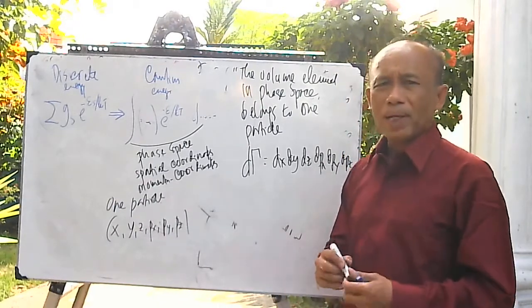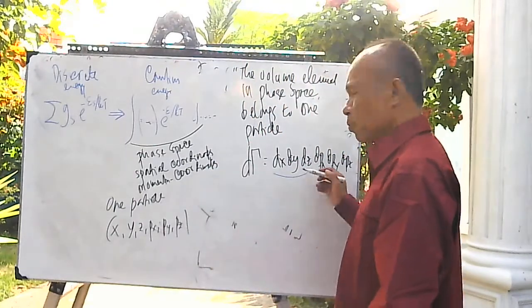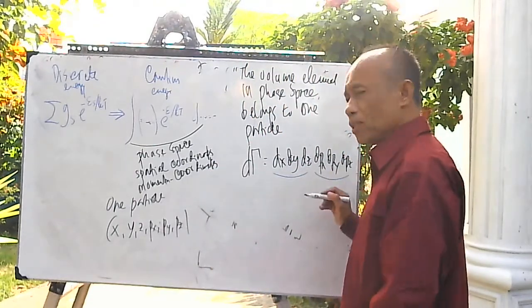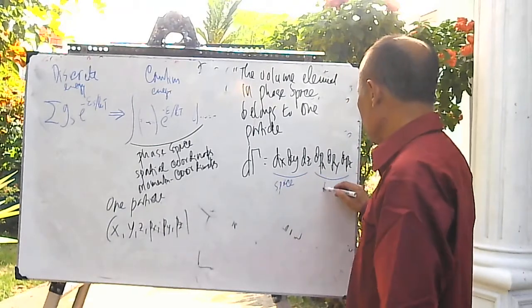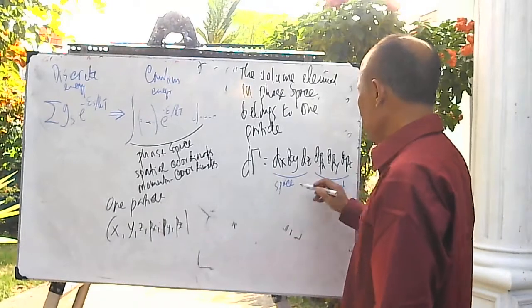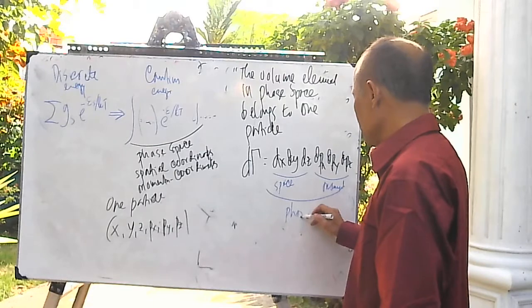This is the volume element in phase space. It contains the volume element in space and the volume element in momentum space. This is only space. This is momentum. Momentum and space together span the phase space.